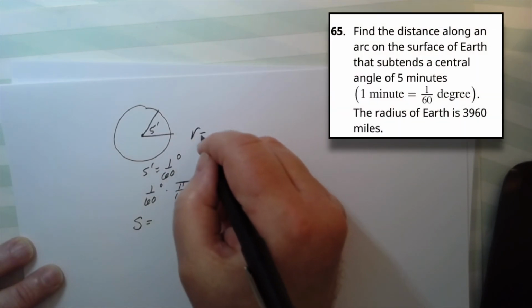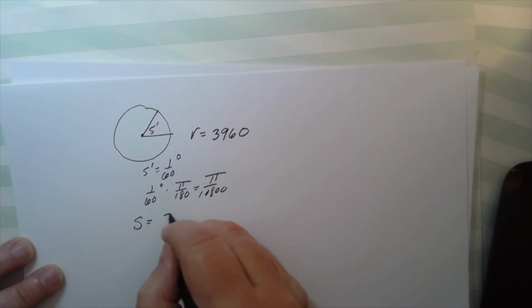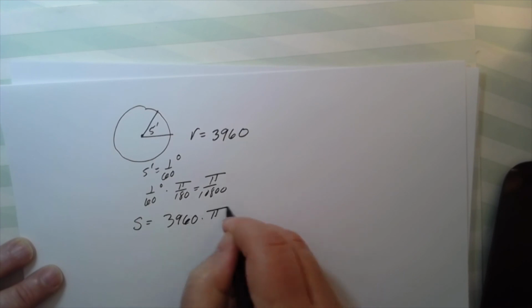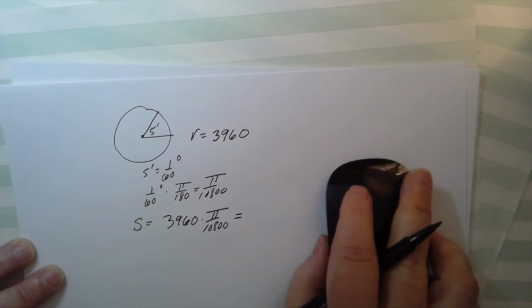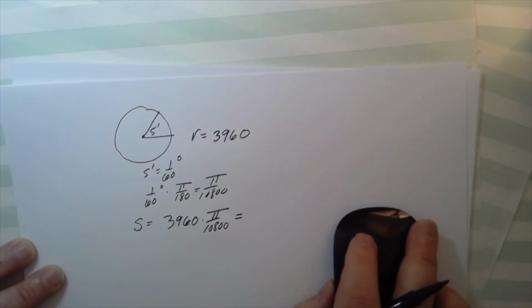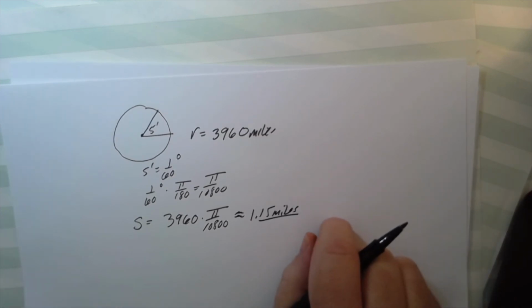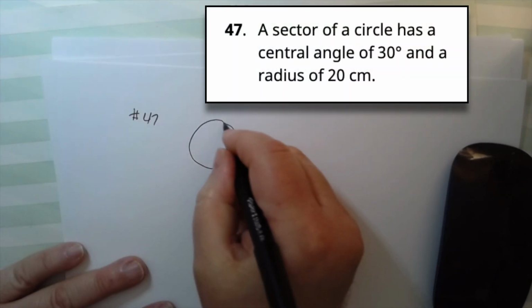Now the radius they give us in the problem for the Earth is 3,960, so this would be 3,960 times pi over 10,800, which is approximately 1.15 miles.